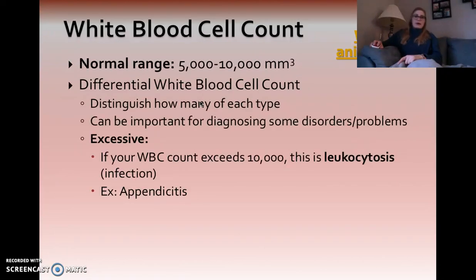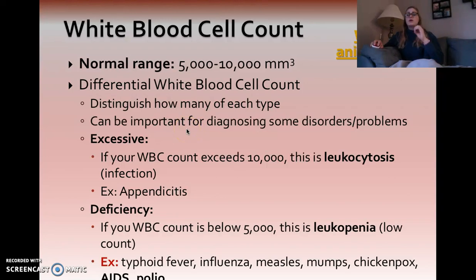So, your white blood cell count. We have anywhere between 5,000 to 10,000 per millimeter cubed, so that's 1 milliliter, and what disease you have is going to determine what your white blood cells look like. So, if you have appendicitis, that is caused by bad bacteria causing an infection within your appendix, we are going to see really, really high levels of neutrophils, specifically because neutrophils attack bacteria.